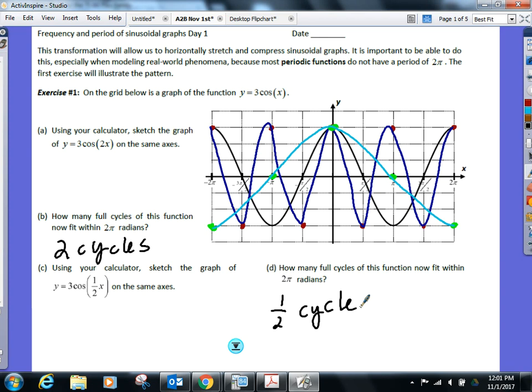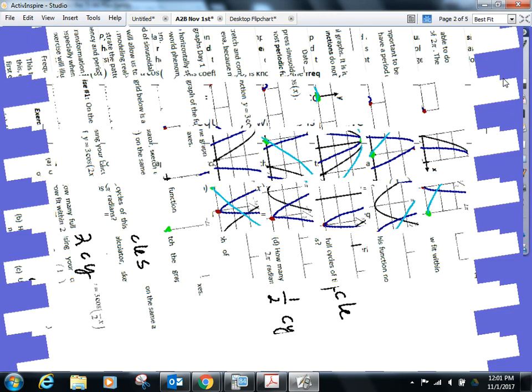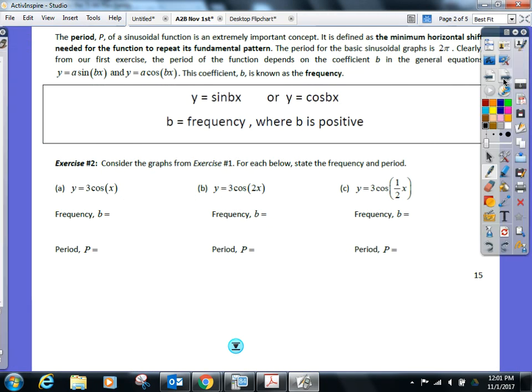That number plugged in there in this part of the equation is now going to be referred to as our frequency, our B value, how much of the curve we see from 0 to 2 pi. That's the value we're going to call the frequency now, and it's going to be referred to as the B value.